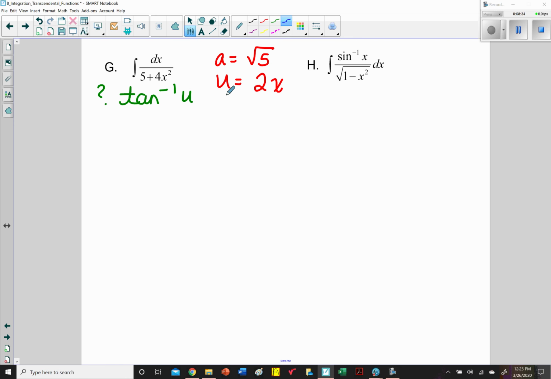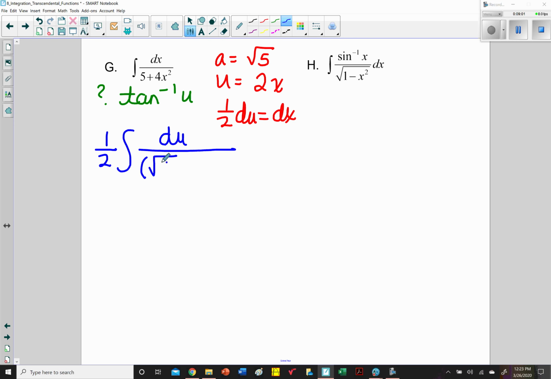So there's no 2 in the original integrand. So we would want to be, if u is 2x, then du is 2 dx. Du is 2 dx. So we divide by the 2, bring that half out to the front, and rewrite it so that it looks like tan inverse.